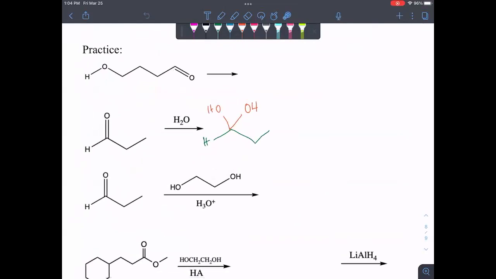Okay, so for the practice problems, I'm just going to start from the top again. For the first one, what reaction do you think this is and why? That's one of the very first ones on the handout.